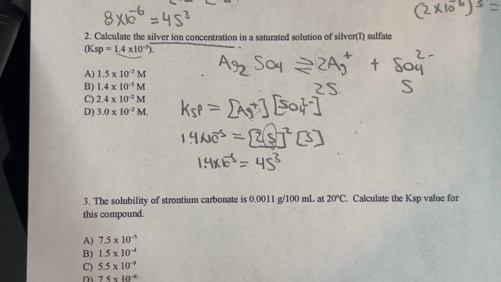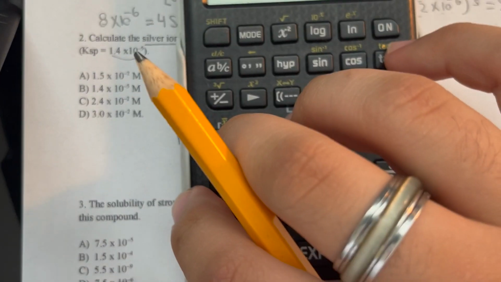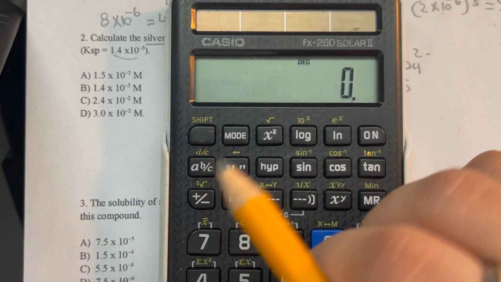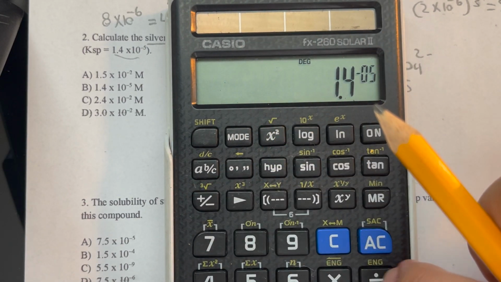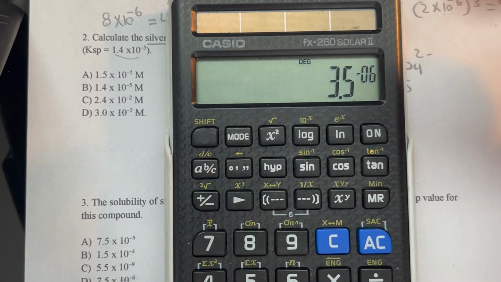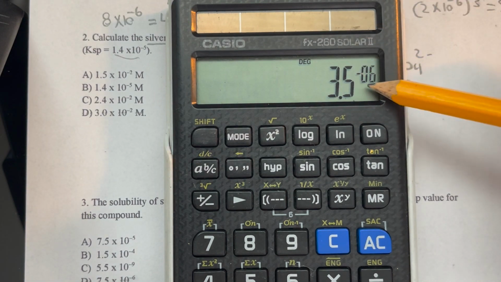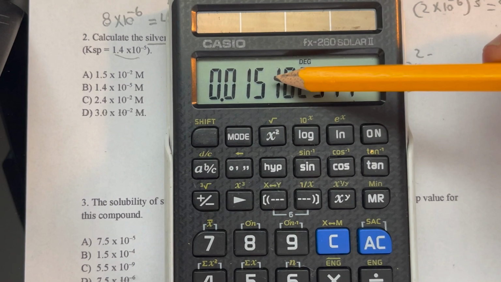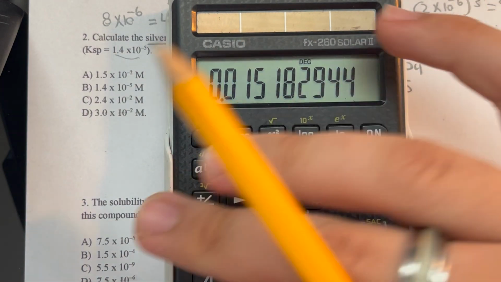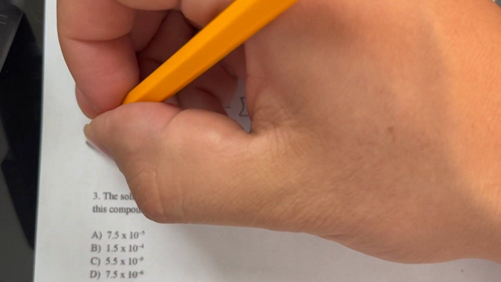Okay, so then I'm going to plug it in. It's 1.4 times 10 to the negative 5 divided by 4, right? So we get this, and then we have to do the cubed root, right? So we get this value, and this is our s. We solved for s already.